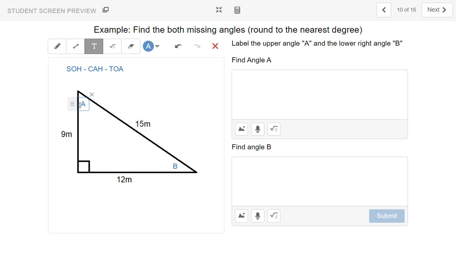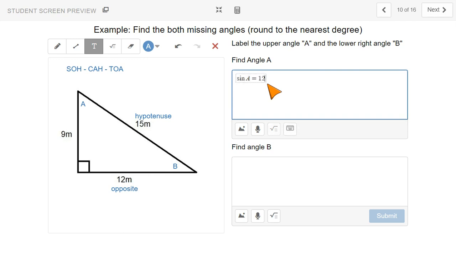So if I'm using angle A, 12 is my opposite, and 15 is my hypotenuse. So if I'm interested in using the hypotenuse and opposite, then I have to use sine. Sine A is equal to opposite over hypotenuse. Now to undo the sine, I have sine inverse of 12 over 15.